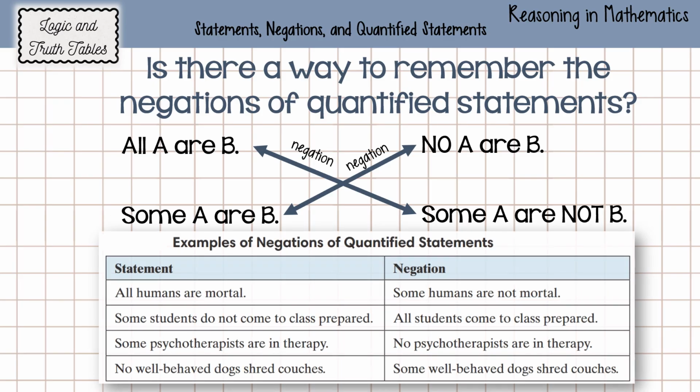Let's do some examples and number them. Statement one, all humans are mortal. So the negation would be some humans are not mortal. Statement two, some students do not come to class prepared. The negation of that is all students come to class prepared.